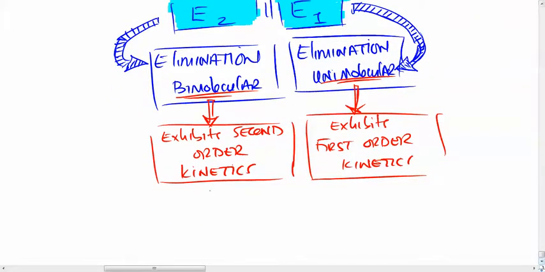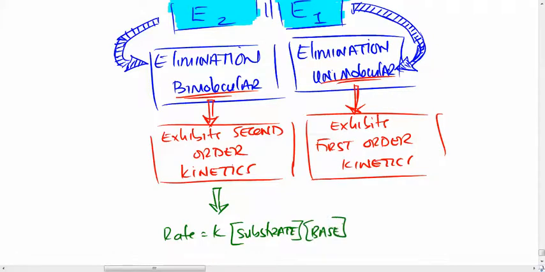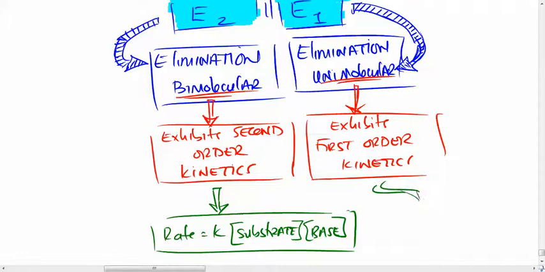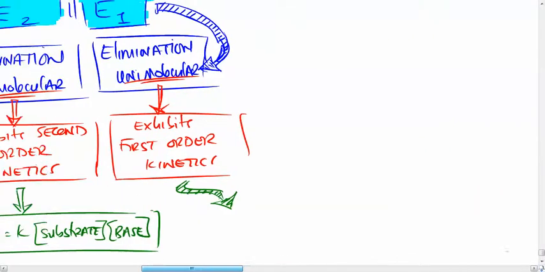So the rate of the E2 is going to be dependent on the substrate and on the base. So it's two things, right? That's why it's bimolecular. The rate of the E1 reaction will be dependent on what? Just the substrate.